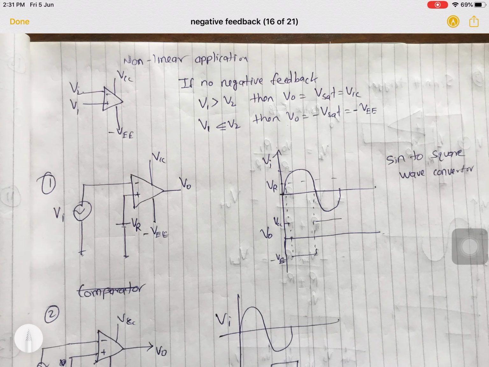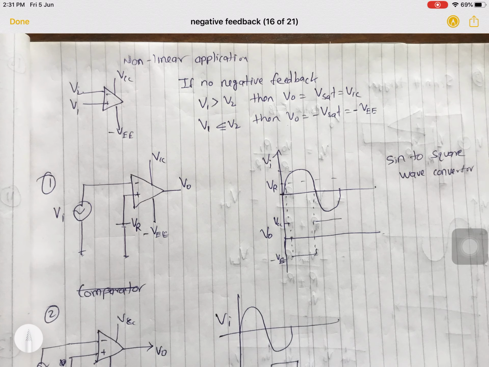In other words, if the voltage at the non-inverting terminal is higher than the voltage at the inverting terminal, then the output will be VCC. In our case, it will be plus 12 volt.